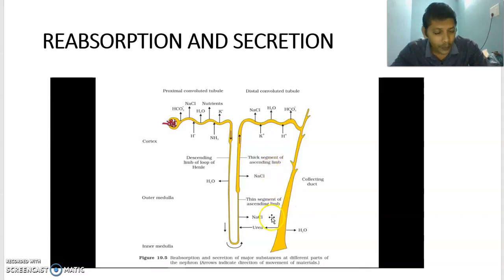Urea coming from the collecting duct enters the thin segment of the ascending limb, then comes to the thick segment, again to the DCT, again to the cortical collecting duct, and then the medullary collecting duct, and again some part comes here. This is called urea recycle, not the urea cycle, which is a different one. Why is a small amount of urea retained in the medulla? To maintain the desired osmolarity to form concentrated urine. Otherwise, concentrated urine is not formed.